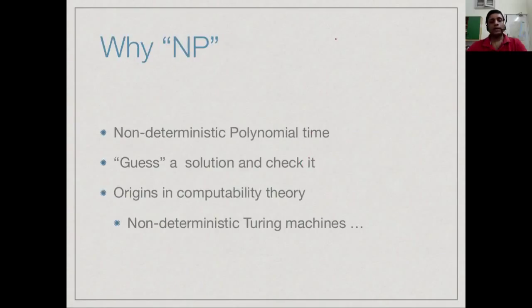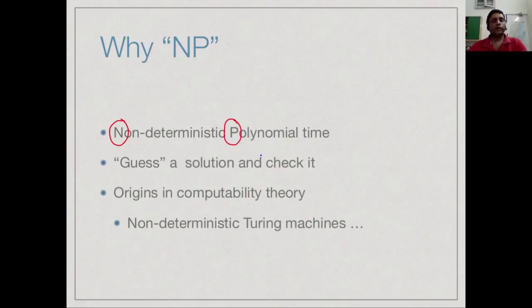So why is this class called NP? NP comes from the words non-deterministic polynomial time. This is a historical reference. It refers to the fact that these correspond to problems where you can non-deterministically guess a solution. You can magically produce a solution and then in polynomial time you can verify whether the solution is correct or not.